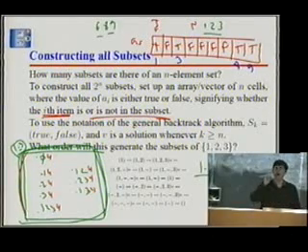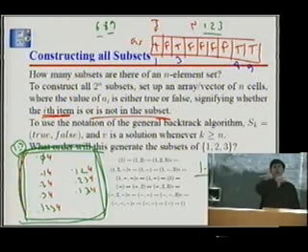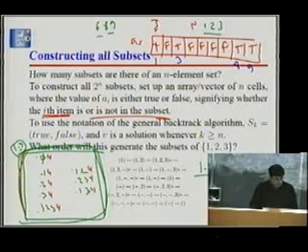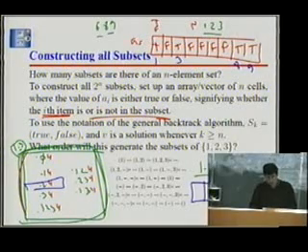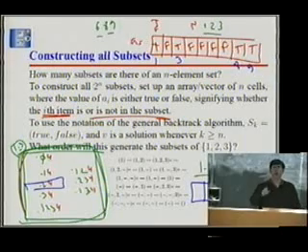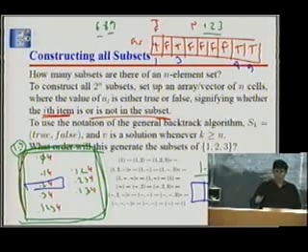Do people see what I'm doing here? Any subset, I claim, can be described as a bit vector, a vector of trues and falses, of whether that value is there. Do people agree with that? Let's think about that. Suppose I want to represent the subset 2, 4. What would be the bit vector that would correspond to the subset of elements 2, 4? What's the first value going to be?